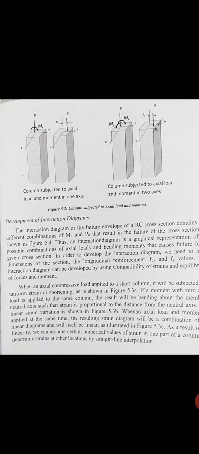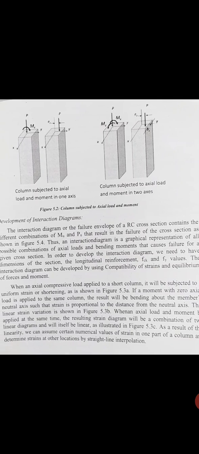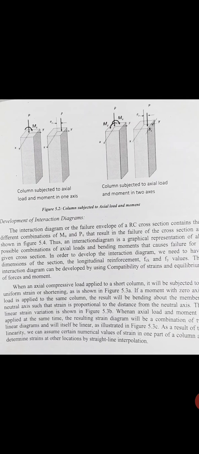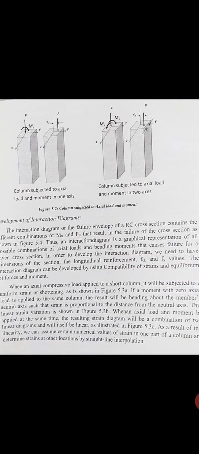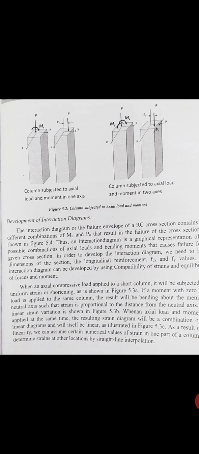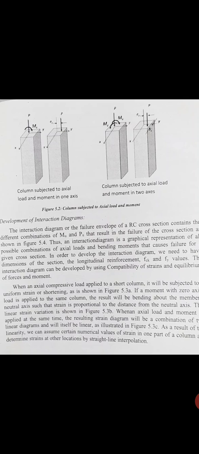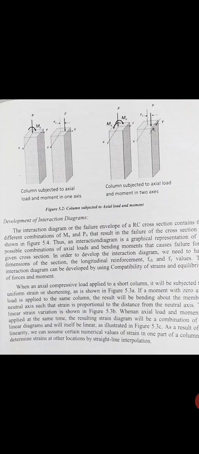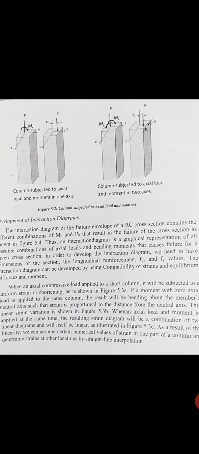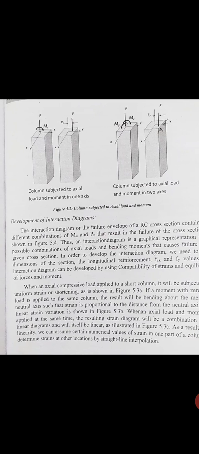From the above diagrams, the interaction diagram, the failure envelope of an RC cross section, contains the different combinations of Mu and Pu that result in the failure of the cross section, as shown in the diagram. Thus, the interaction diagram is a graphical representation of all possible combinations of axial load and bending moment that cause failure for a given cross section.